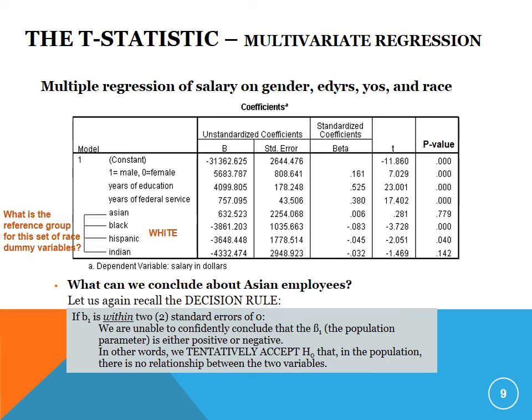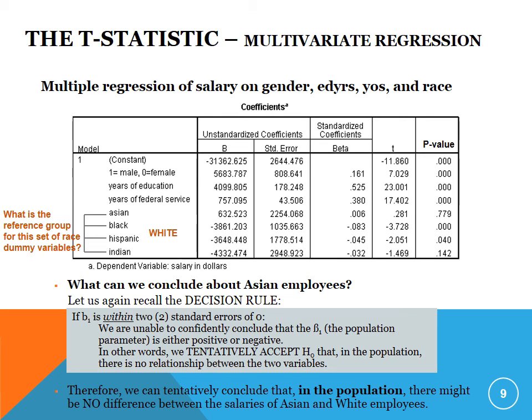Now, in the sample, we can see that Asians make about $632 more than whites, because we can see the 632 for the B1, for the regression coefficient. So this is telling us that Asians are making more than whites when we hold gender constant, education constant, and years of federal service constant.